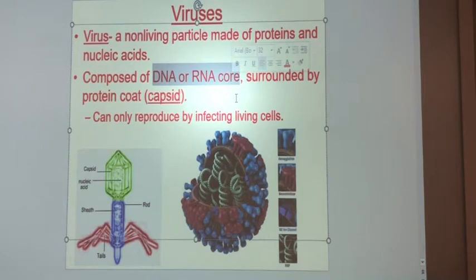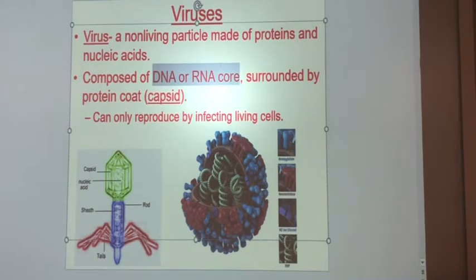It just depends on the specific virus. The protein coat which surrounds and protects that genetic material is called the capsid. So the simplest virus is going to have DNA or RNA and a protective protein coat.